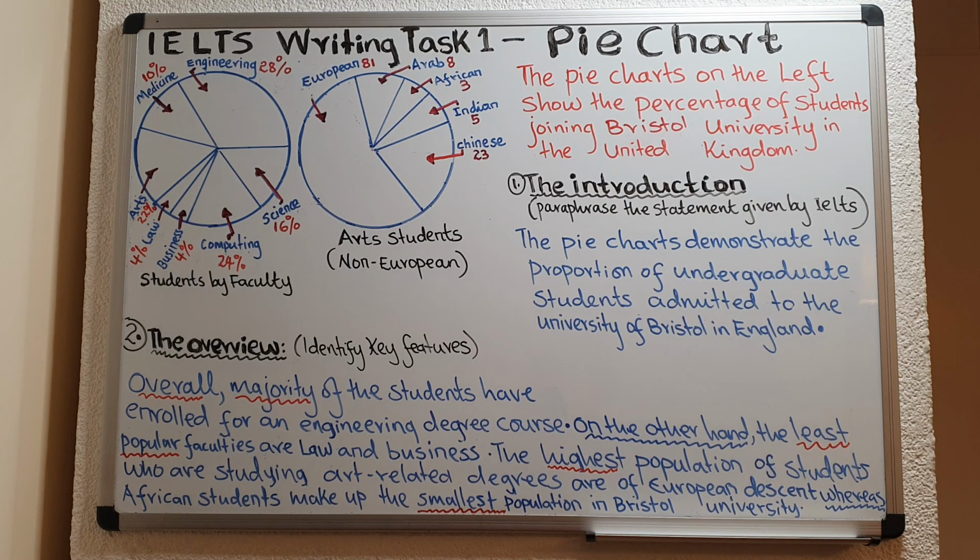Undergraduate students are students who are beginning their degree, okay? Once you qualify to join a university after high school, then you are an undergraduate student. And then once you've completed your degree and you want to carry on, then you carry on as a master's degree student.